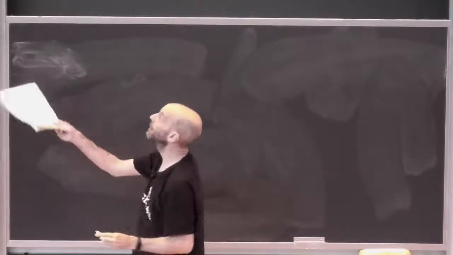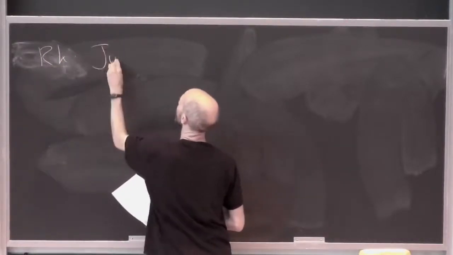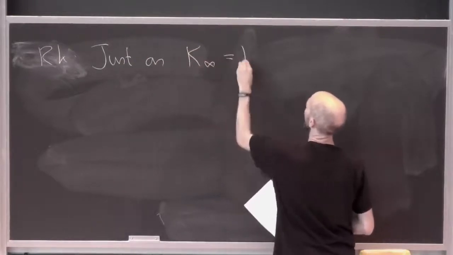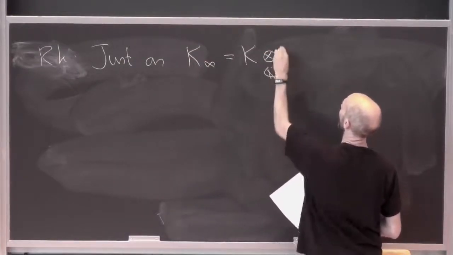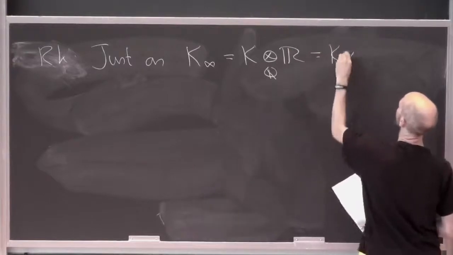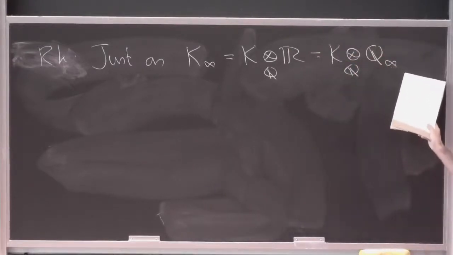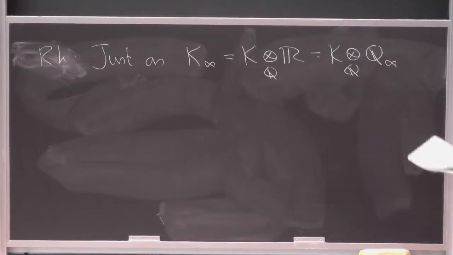Oh, I'll tell you what. Here's a remark. Just as K infinity is K tensored over Q with R, which is K tensored over Q with Q infinity. Think about it. Q infinity is the reals, right? There's only one embedding from Q into R, and it's that.